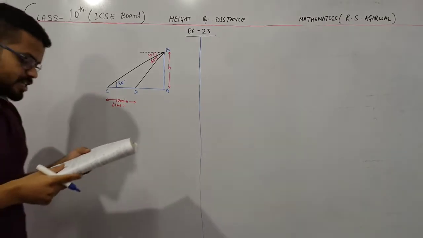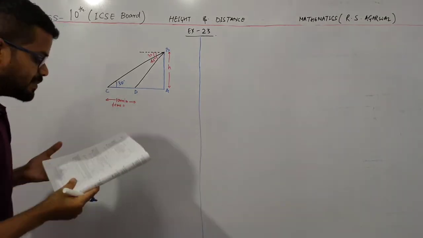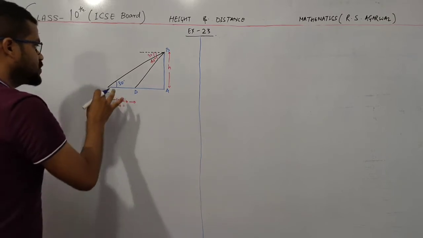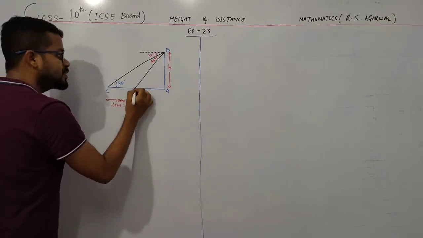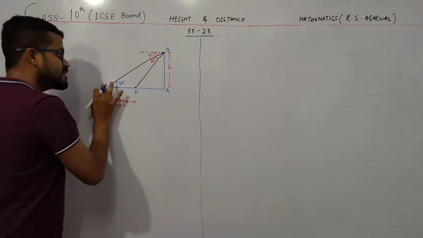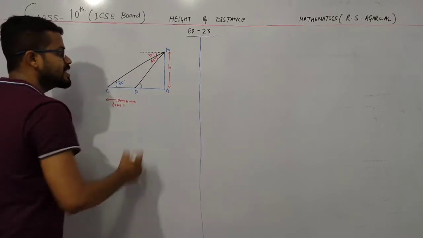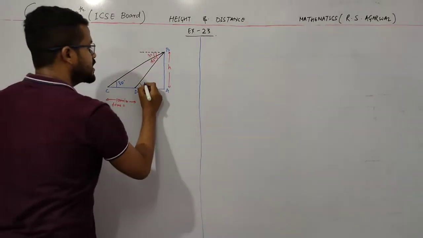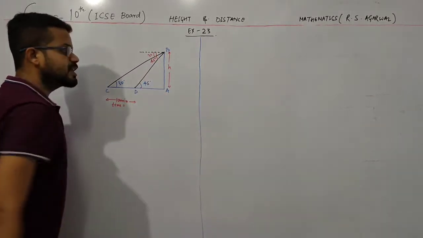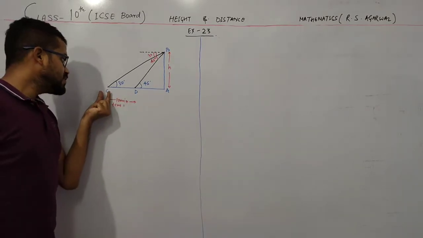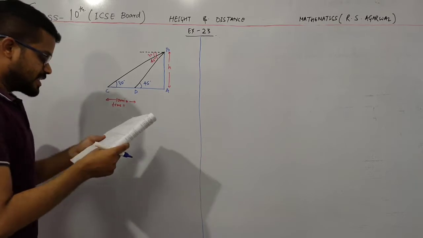Now in the question it is given that the car takes 10 minutes to go from this point to this point, so when the car is going from this point to this point, automatically the angle of depression is also changed. So the angle of depression is 45 degrees, so this is also 45 degrees, and the time taken is 10 minutes.